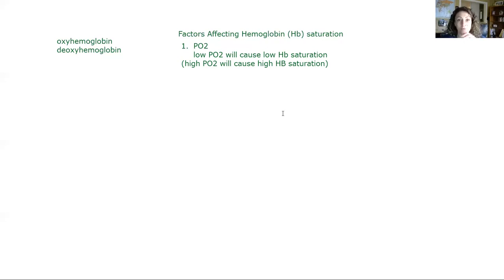It will want to hold on to its oxygen and become saturated. When that hemoglobin arrives at the exercising muscle where PO2 is low, that will cause it to lose its affinity for oxygen, will cause the hemoglobin to release its oxygen, decreasing its saturation levels. That's what we want to happen. We need the hemoglobin to release its oxygen so it can go into the muscle and into the mitochondria so we can consume it. Okay, so there's a graph for this.